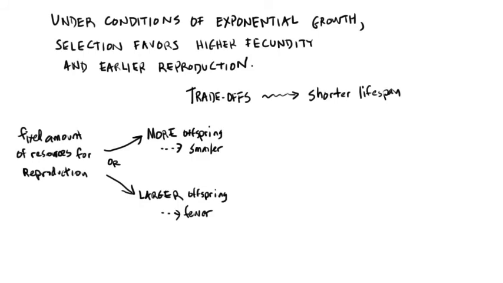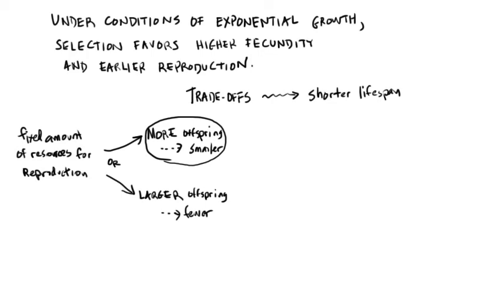Now, if you have selection putting a premium on little r, as in the scenario that we're thinking about here, clearly you want to go with offspring number, and consequently, you might expect the offspring size to be smaller than what you would expect if exponential growth conditions were not driving the evolution of these life history traits.